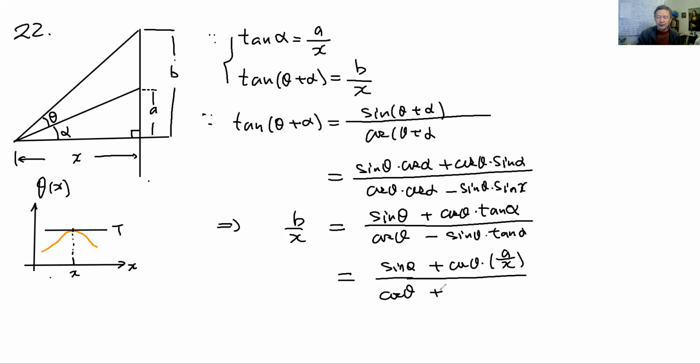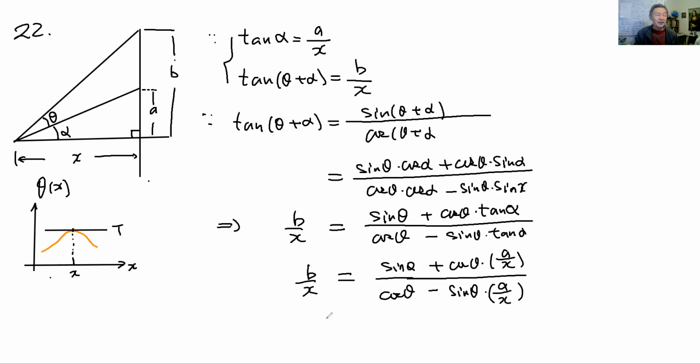I like this formulation because it allows you to get familiar with basic relations in trigonometry. So what I could do is multiply x on both sides. We get bx. Don't you want it as a function of x?